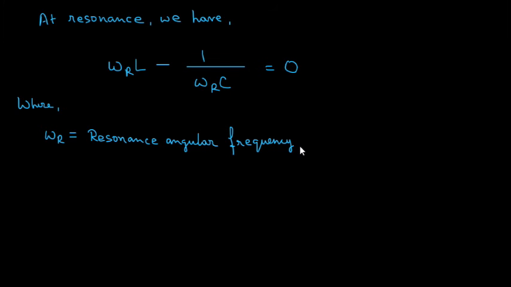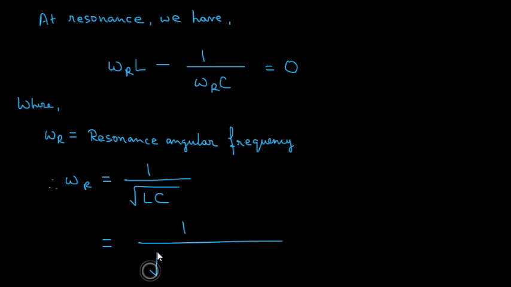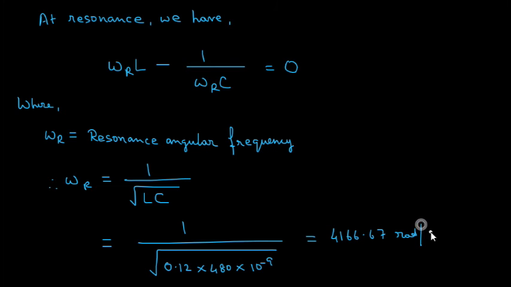Therefore, omega R is equal to 1 upon under root LC, which is 1 upon under root 0.12 multiplied by 480 multiplied by 10 to the power minus 9, which is equal to 4166.67 radian per second.